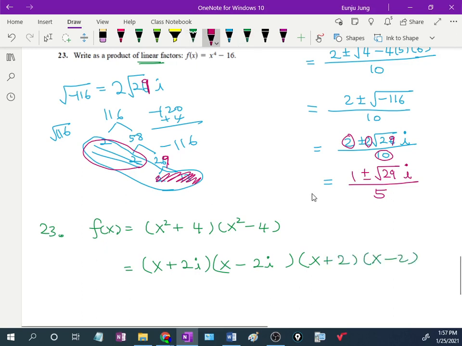So this is a difference of two squares, and this is a sum of two squares with i. So that is the factored form, and all of them have degree 1. So we have 1, 2, 3, 4 linear factors. So we will have 4 solutions for this function.